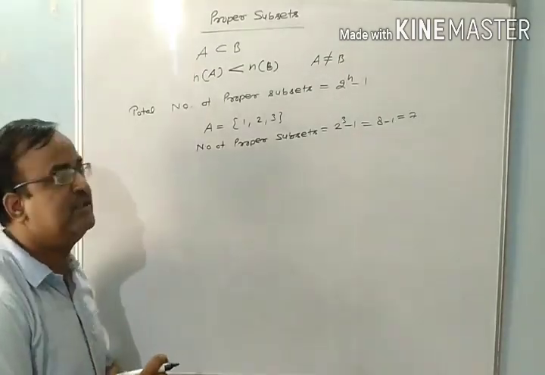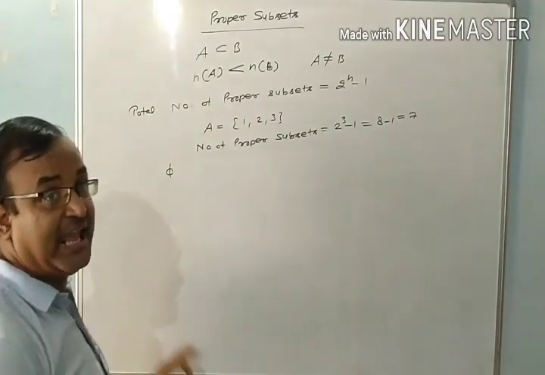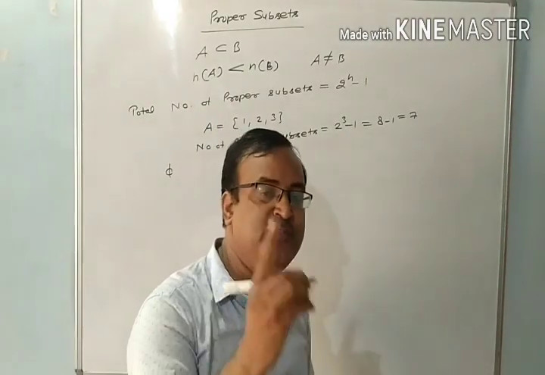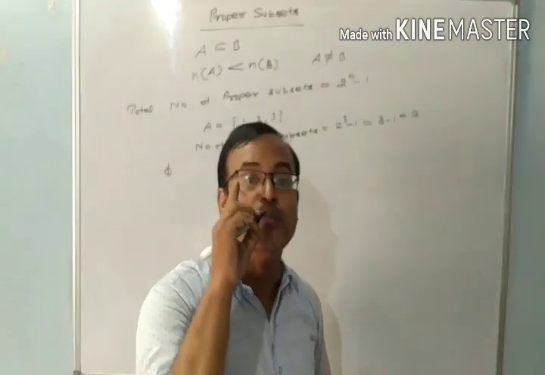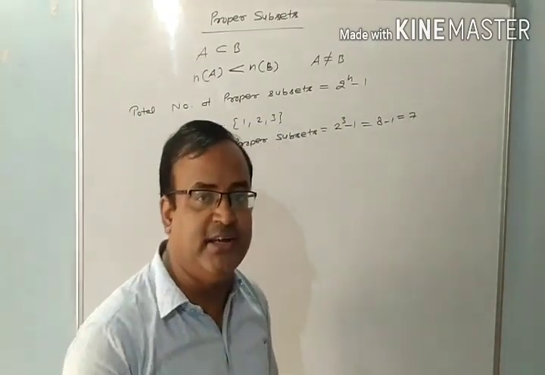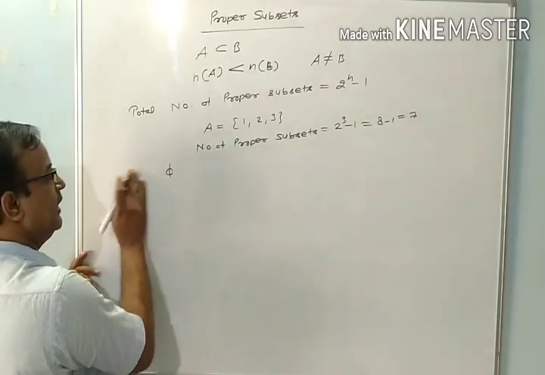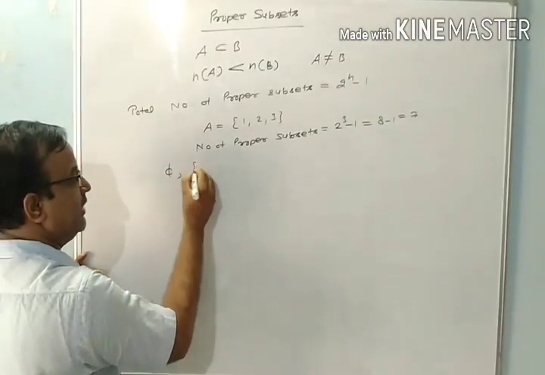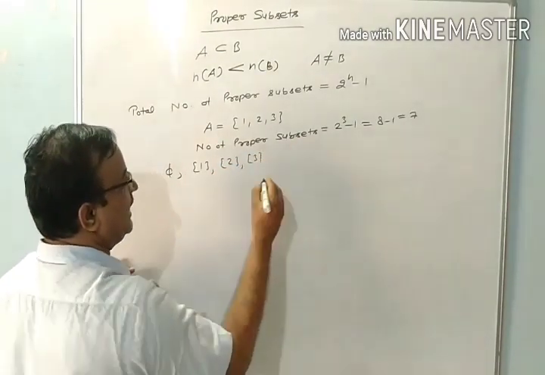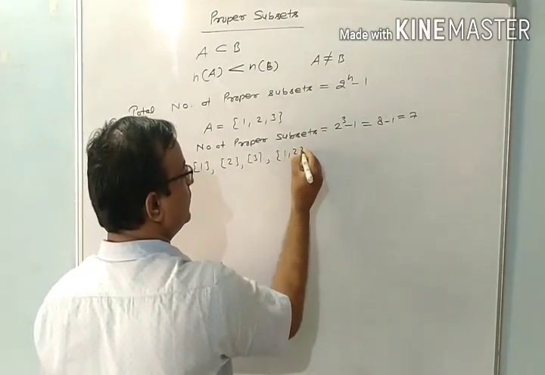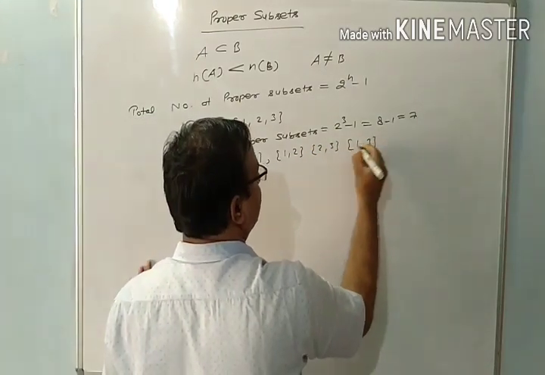Now I am going to write the proper subsets. Phi is a proper subset of every set except itself. It's a very important thing. Phi is a set which has no proper subset. I will discuss. The first one is phi, the second one is {1}, then we can take {2}, {3}, {1, 2}, {2, 3}, {1, 3}.